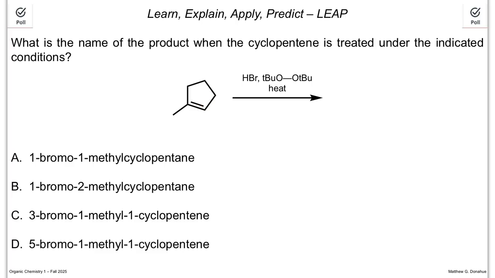We have 1, 2, 3 substituents, so this is tri-substituted. You still have to go through the process of adding that bromine radical to each of the sp2 hybridized carbons to evaluate which one of the resultant carbon radicals is the most stable.